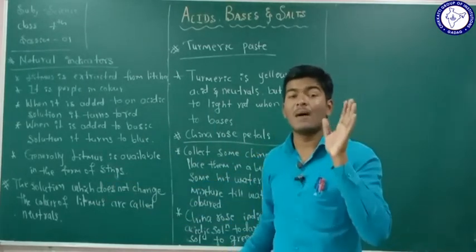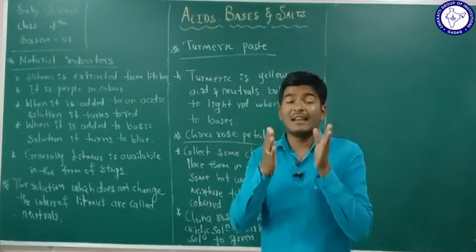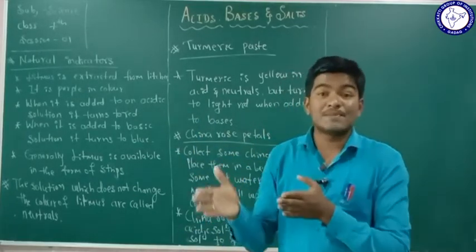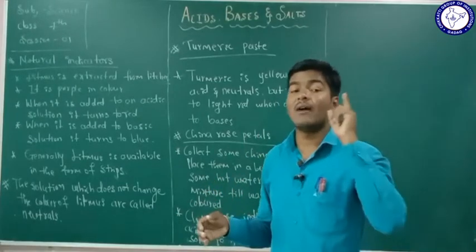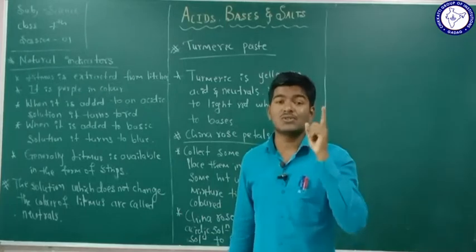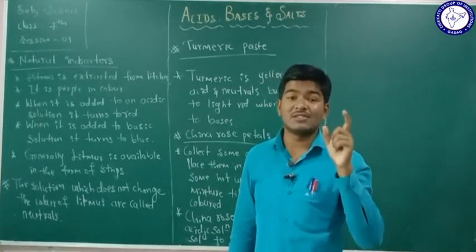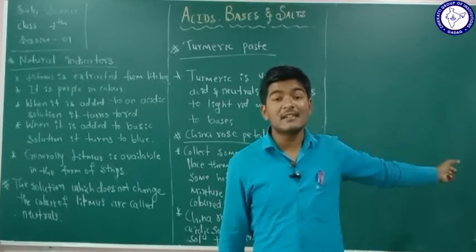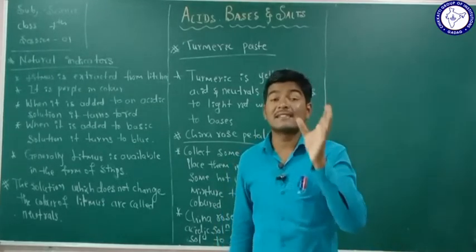You have to observe clearly which litmus paper changes its color. You already know that orange juice or lemon juice is acidic in nature. It contains citric acid, so it is acidic.